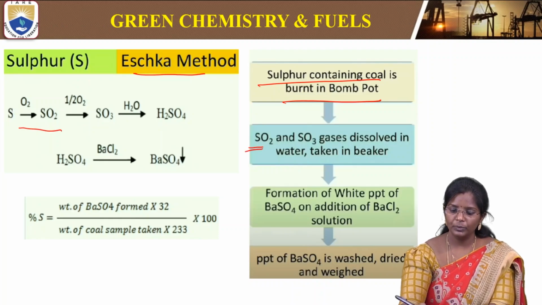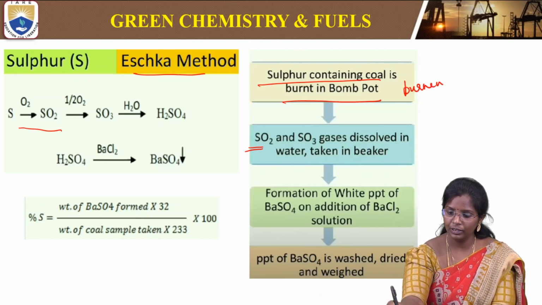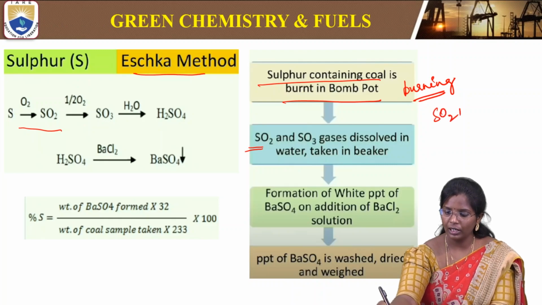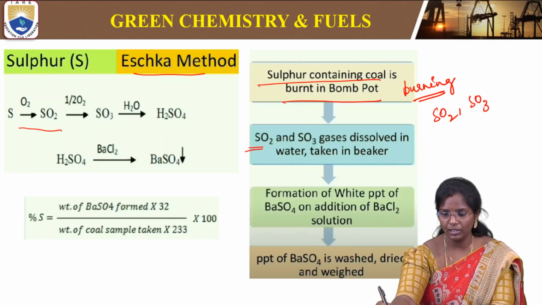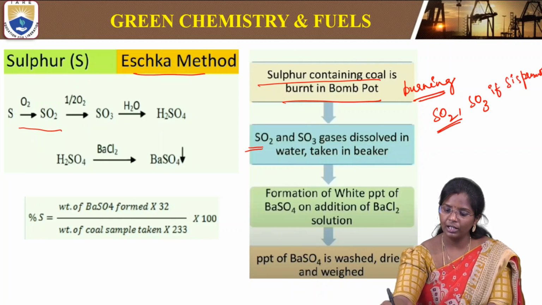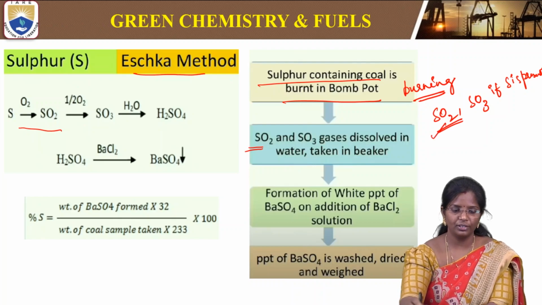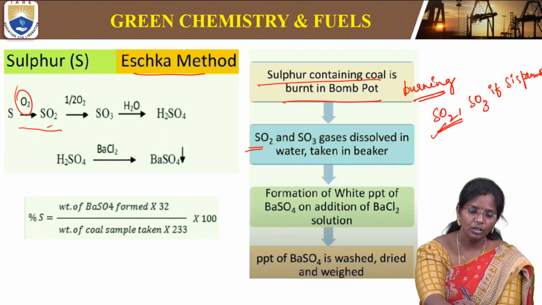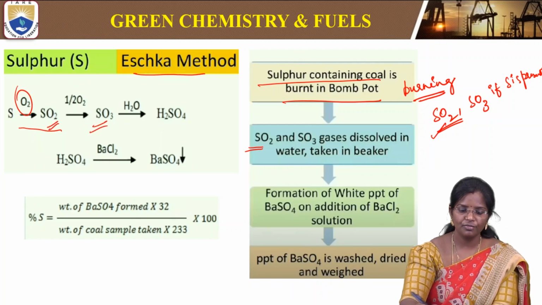Whenever we are burning, there is always evolution of gases, sulfur dioxide and trioxide, because if sulfur is present, definitely it will form sulfur dioxide, since it is done in the presence of oxygen.